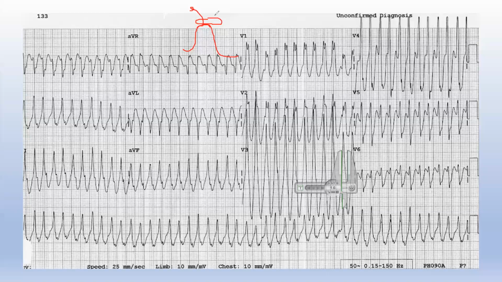This is the normal pattern of electrical impulses traveling into the ventricles. Now, there is a situation, however, wherein an individual might have a congenital defect. And this congenital defect is going to have an accessory pathway. Accessory means to say an extra road, so to speak, that bypasses the AV node.